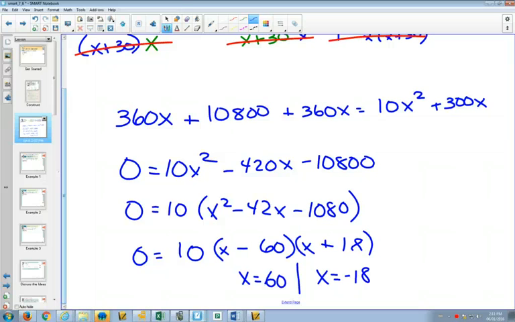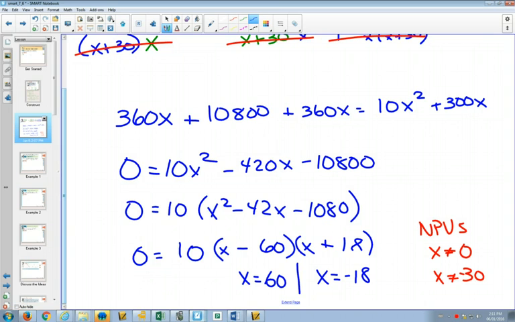We have to check our non-permissible values. Our non-permissible values from before: x can't equal 0 and x can't equal negative 30. So neither of those are non-permissible values, but this is a word problem.